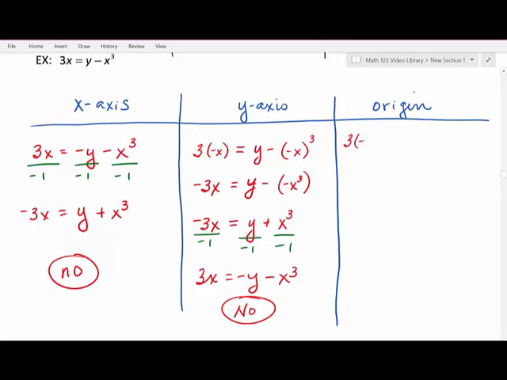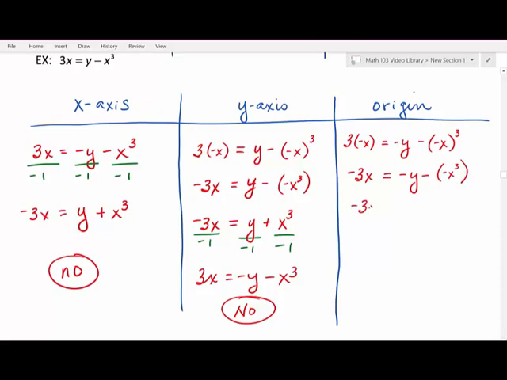This will be 3 times negative x equals negative y minus negative x to the third. Cleaning this up, this will be negative 3x on the left, and we saw for our y-axis test that negative x to the third gave us negative x to the third.